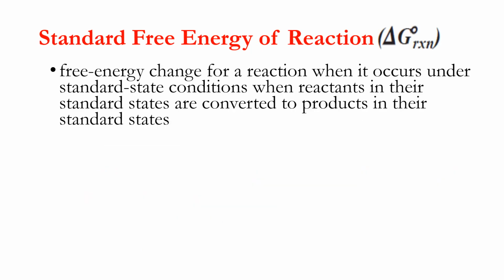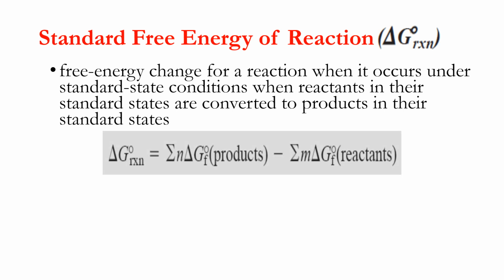Let's now consider the standard free energy of reaction, denoted by delta G superscript 0 subscript reaction. This is the free energy change for a reaction when it occurs under standard state conditions. That is, when the reactants are in their standard states and are converted to products also in their standard states.